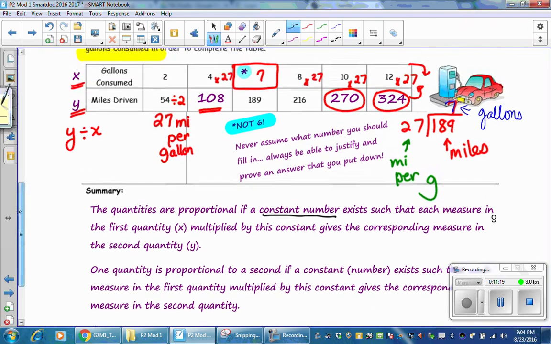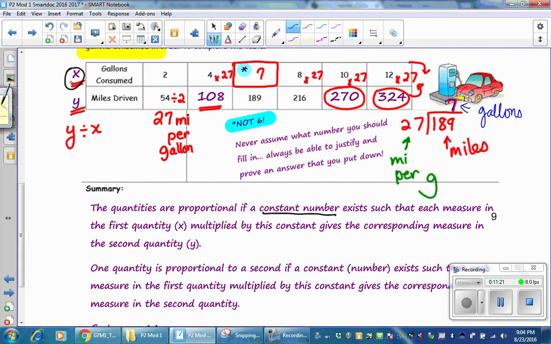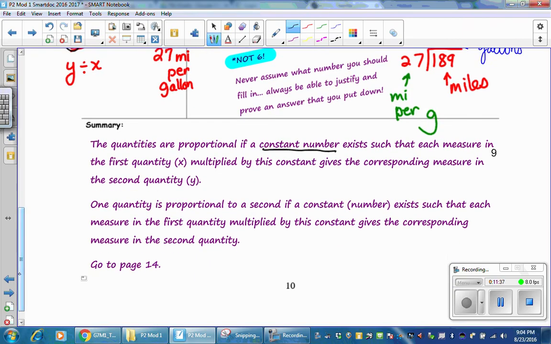So what that means is going from x to y, there is a constant number being either multiplied or divided. In this case, the multiplier is 27. One quantity is proportional to a second if a constant number exists such that each measure in the first quantity multiplied by this constant gives that corresponding measure in the second quantity.